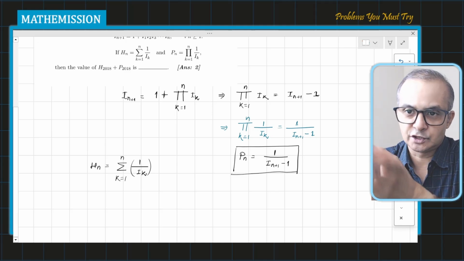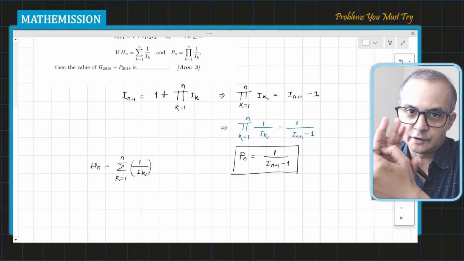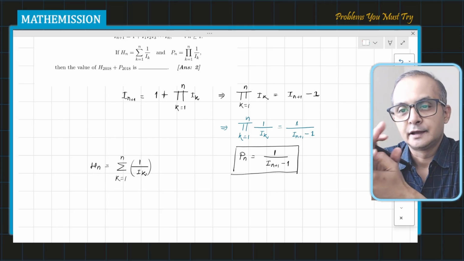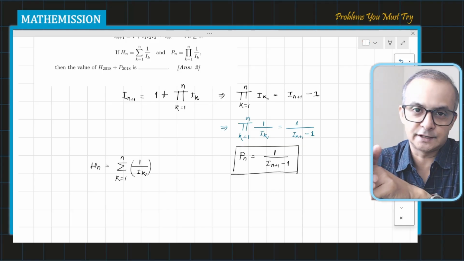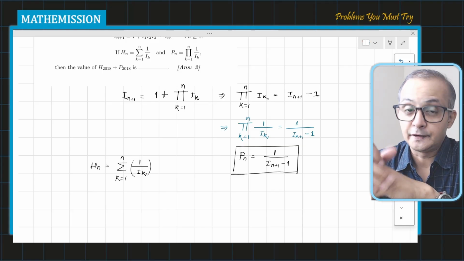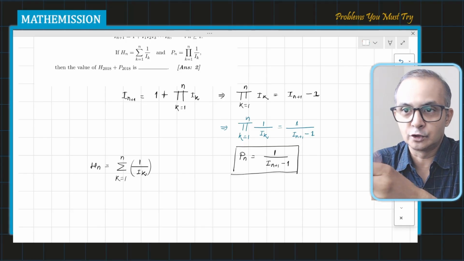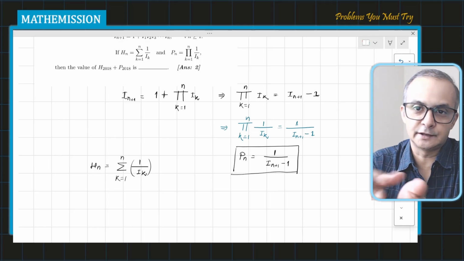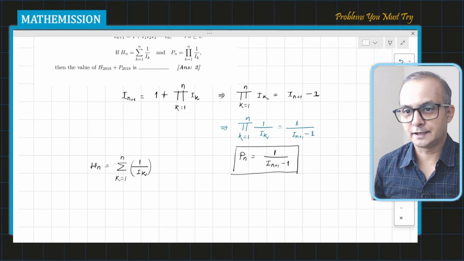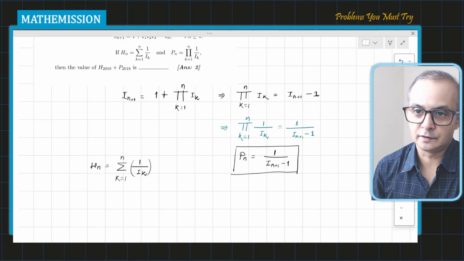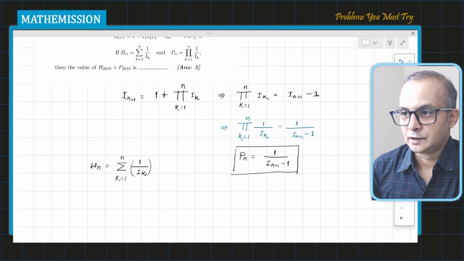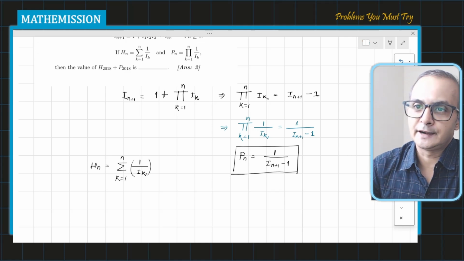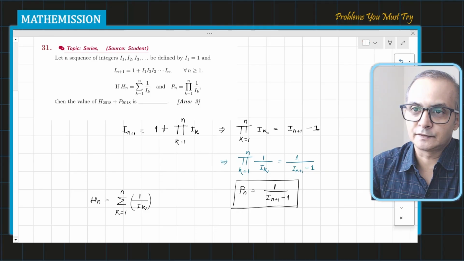Whenever this kind of summation appears, our first direction to think in is to see whether a telescopic kind of sequence is happening or not. If it is, then it will be good for us, otherwise we will think in a different way. So the first guess is to make the 1 by Ik telescopic so that terms get cancelled.